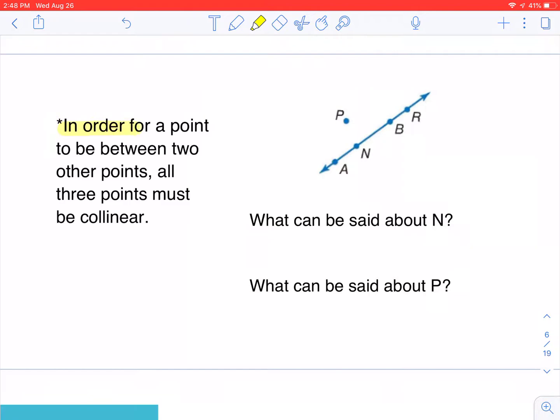If we look over here highlighted, in order for a point to be between two other points, all three must be collinear. What can we see about N? What is N between?